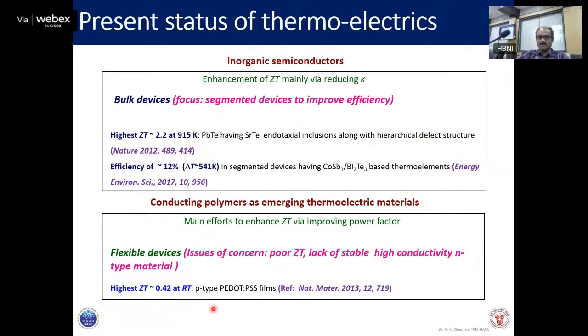This is at room temperature, and the material is p-type PEDOT:PSS. PEDOT:PSS is the same material which we saw yesterday. It is being used as a hole transport material in organic solar cells. So the same material, which is a semiconductor, is used in thermoelectric devices also.